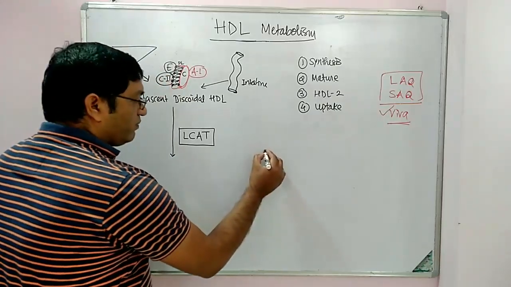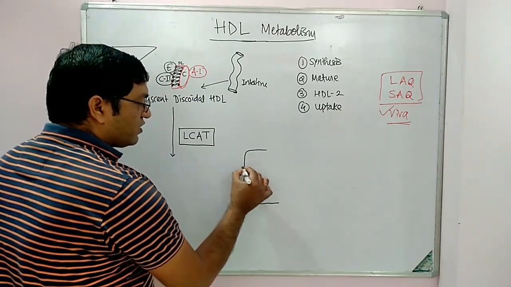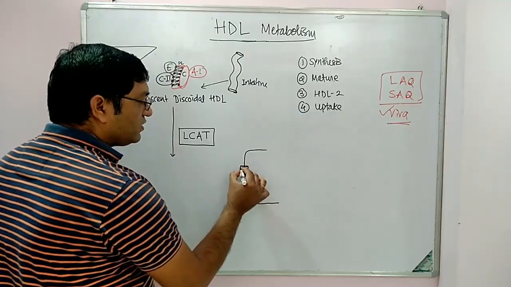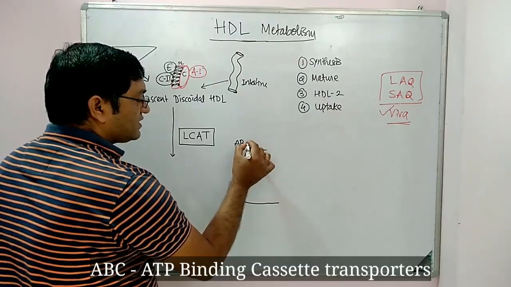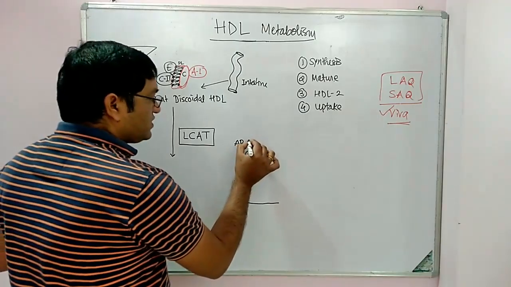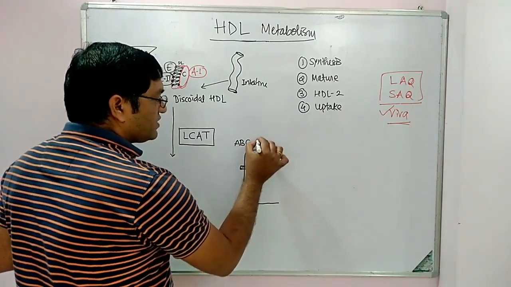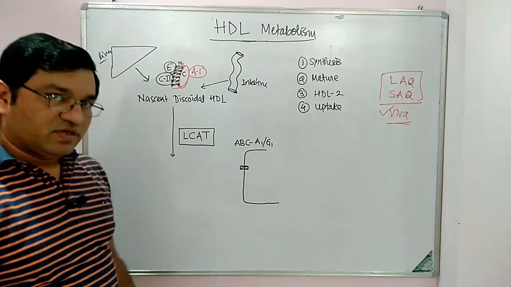Now from the peripheral tissues, there is transfer of cholesterol via ATP binding cassette transporter proteins, with the help of ABCA1, ABCG1 and SRB1 receptors.